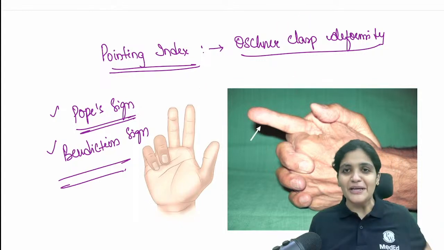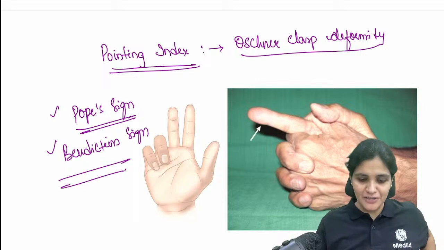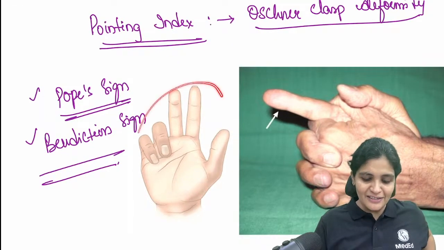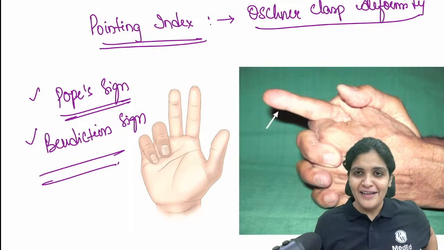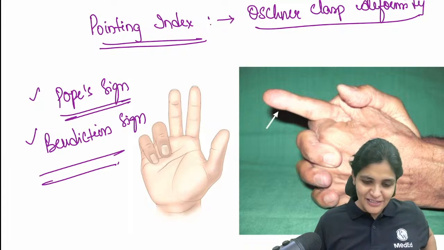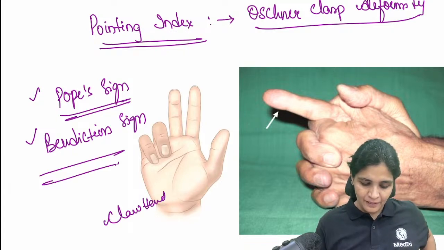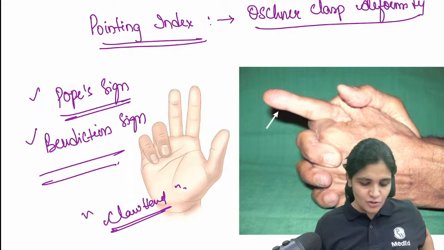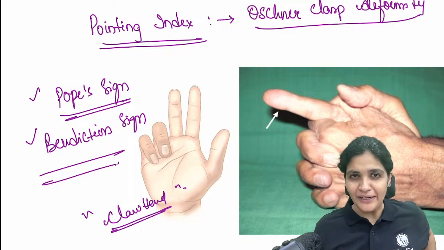Right, so there is an interesting question for you. This was asked by a student. Now, how will you differentiate this from the claw hand? This is somewhat appearing like the claw hand also, no? So is this a claw hand or the pointing index?